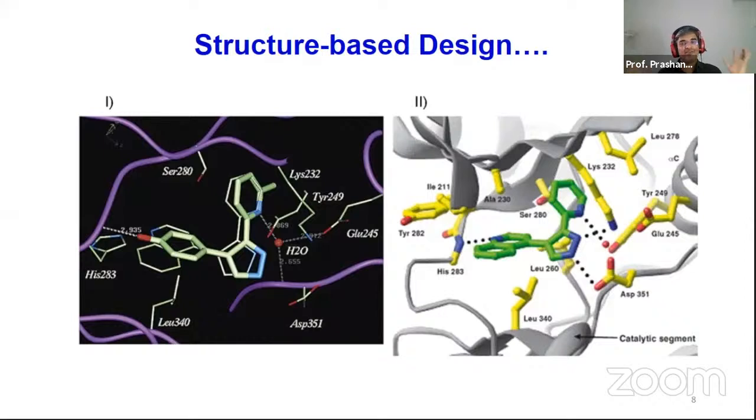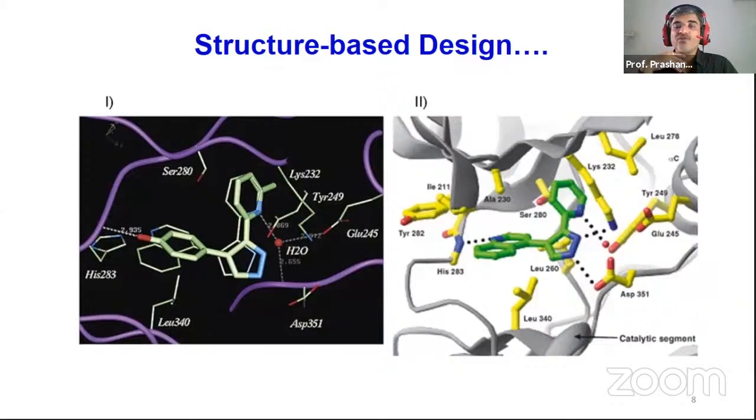Basically they will crystallize the protein, produced by rDNA technology, and then they'll soak the crystal with the small molecule inhibitor which is known from the experimental assays. Eventually you solve the crystal structure, subject it to X-ray diffraction, get the diffraction pattern, and using very high end techniques you solve the structure and see these pictures.